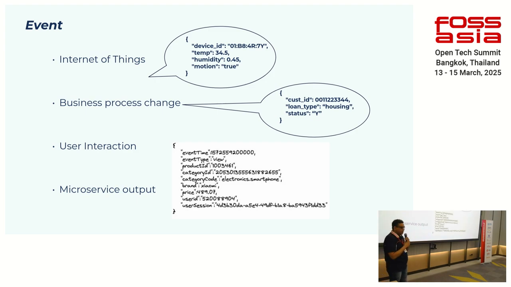Some examples: for an IoT sensor, it could be a device ID and then temperature, humidity, motion. This could be one of the event data. There could be business process change events flowing through a system, like when the customer was approved for a loan or not. It could be clickstream data, which is keyed by an event ID or a user ID, and you have all these notions of who has done what.